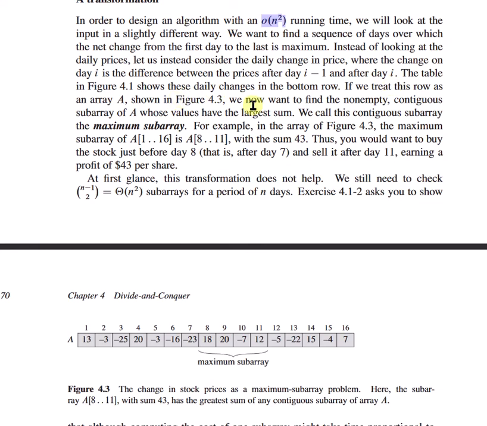The table shows these daily changes in the bottom row. We treat this row as the array A. We want to find the non-empty contiguous subarray of A whose values have the largest sum. We call this contiguous subarray the maximum subarray.